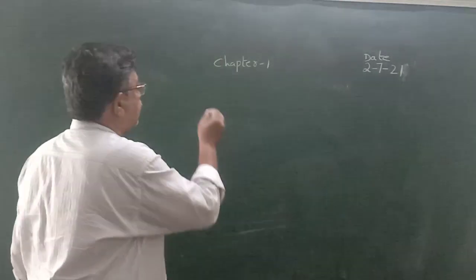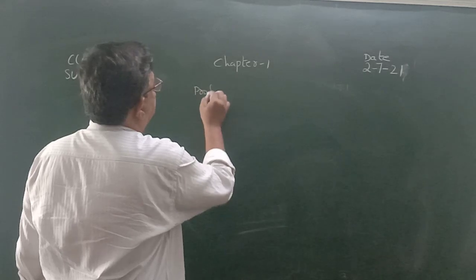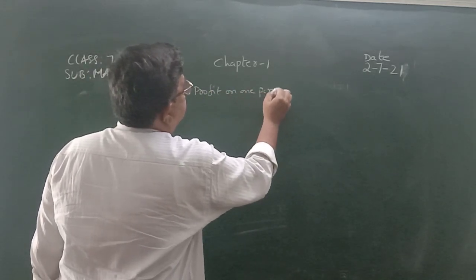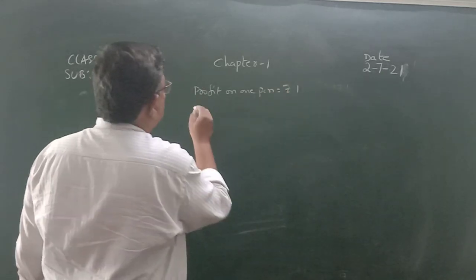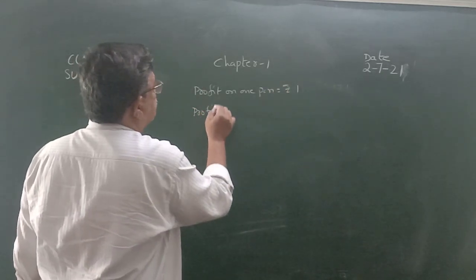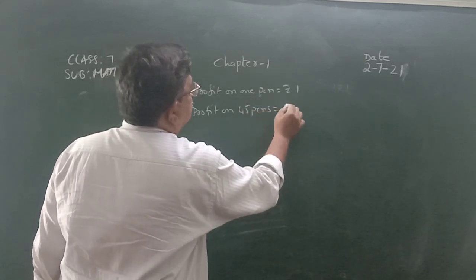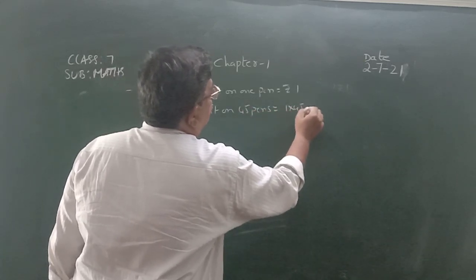So what is the profit on a pen? Profit on 1 pen is equal to rupees 1. Profit on 45 pens, since the shopkeeper sold 45 pens, is 1 into 45, which is equal to rupees 45.